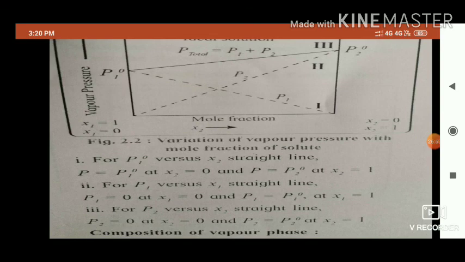If we consider x1 equal to 1, then P1 is equal to P1 naught. The third case is for the second component, A2: P2 is equal to P2 naught x2. If we take the value of x2 equal to 0, then P2 becomes 0. If we take the value of x2 equal to 1, then the value of P2 is equal to P2 naught.